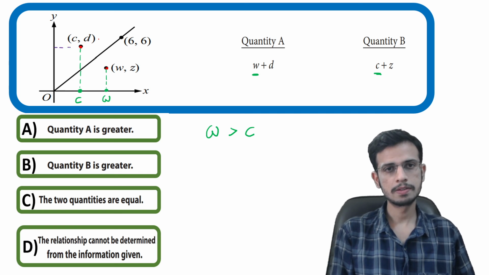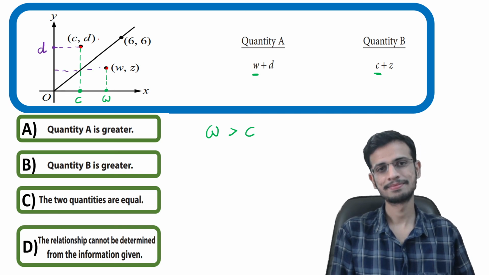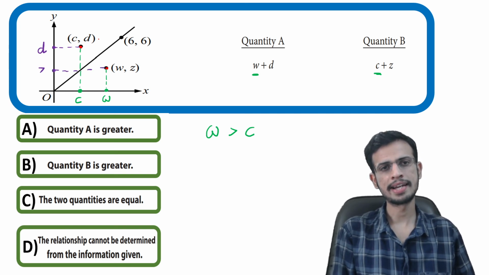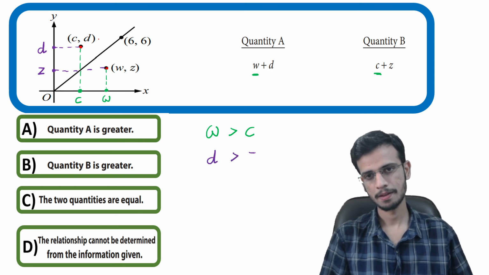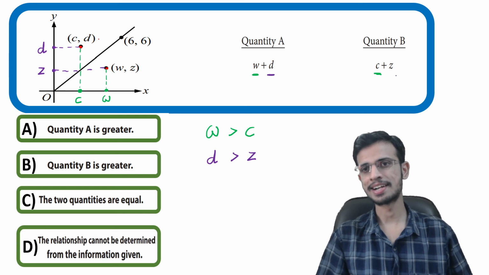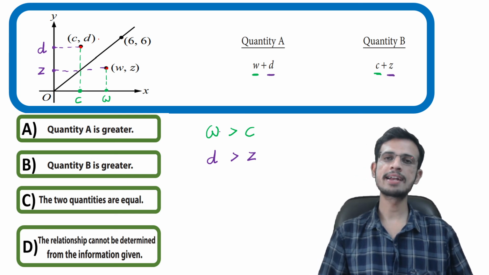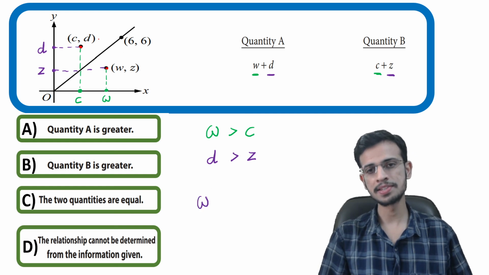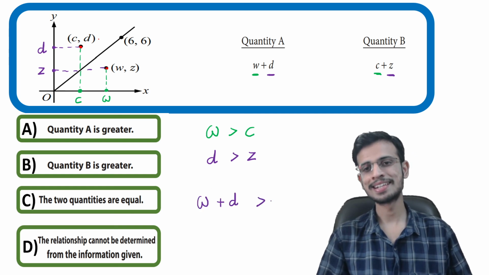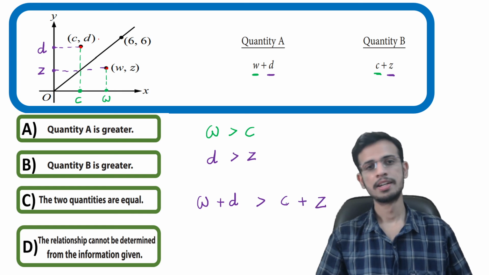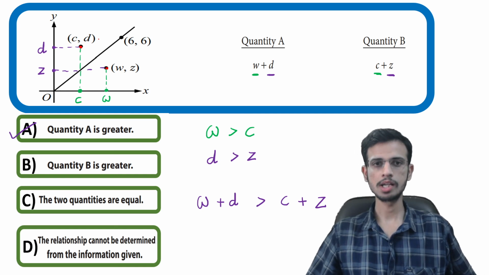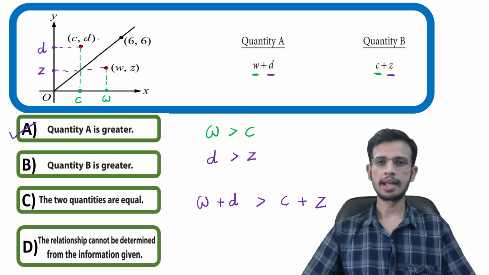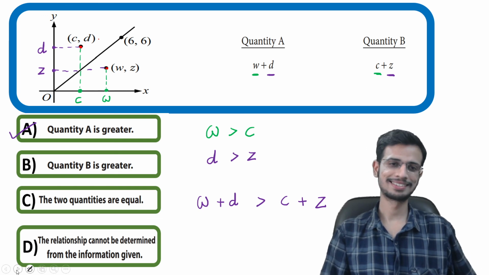This is D and this is Z. We can definitely say that D is greater than Z. So if you add these values side by side, you will say W plus D will be greater than C plus Z. So option A is the correct answer. Quantity A is greater than quantity B. We just have to compare, and this will help.